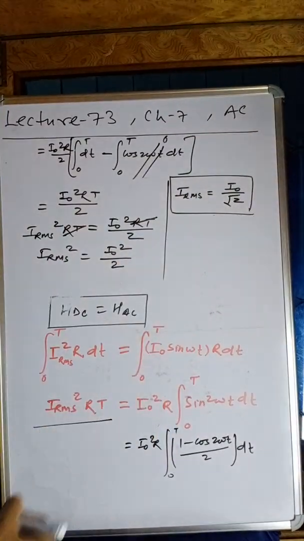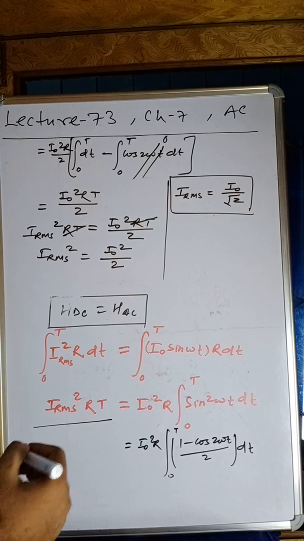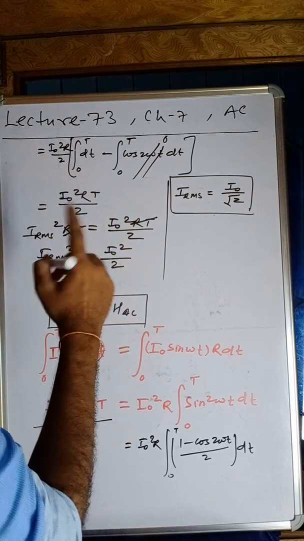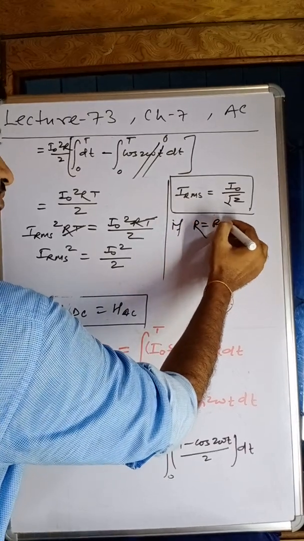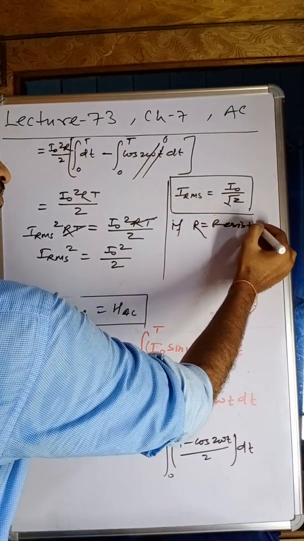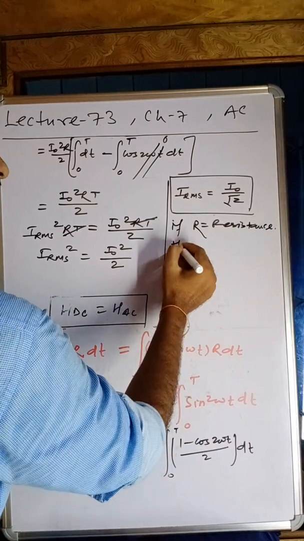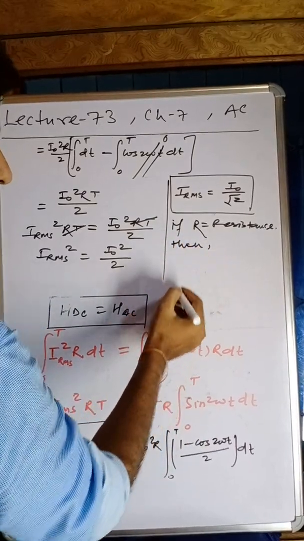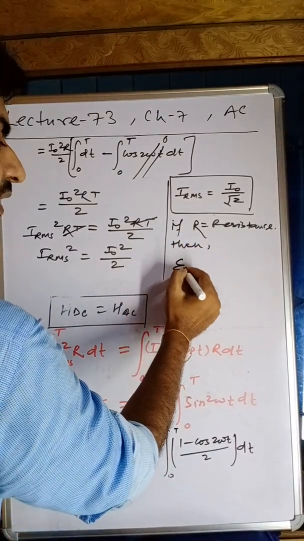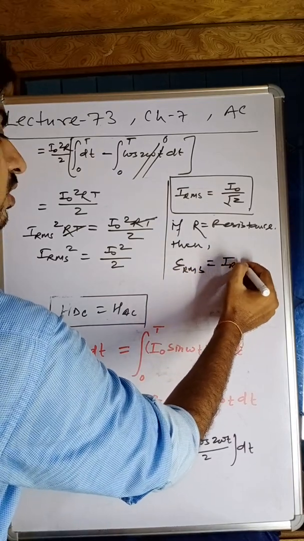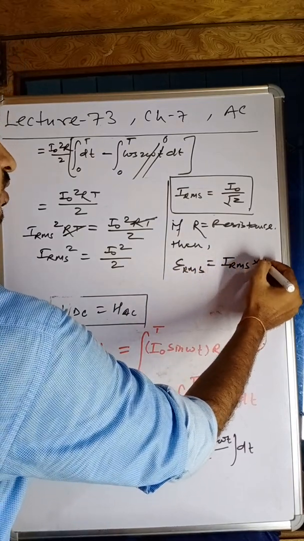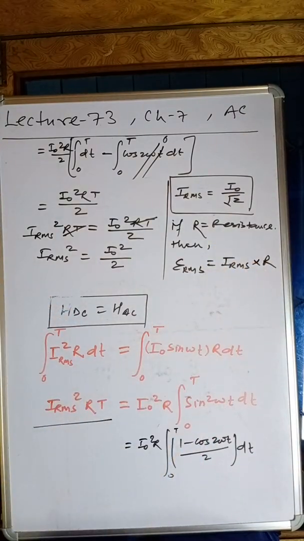Now my dear students, if R is the resistance of that coil, we can write E RMS as I RMS into R, that is the resistance.